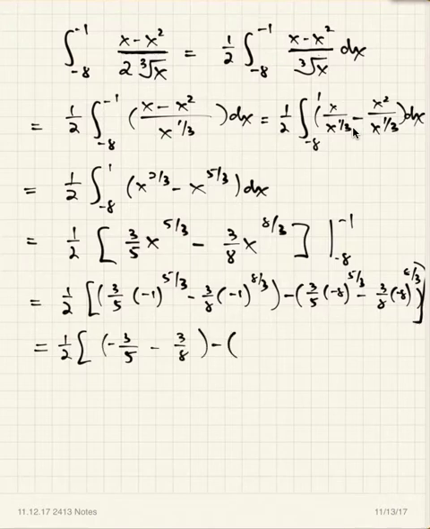And then for the lower limit, you have -8 to the 5/3, which is the cube root of -8, which is -2, to the 5th is -32. Then times 3 gives you -96 over 5.